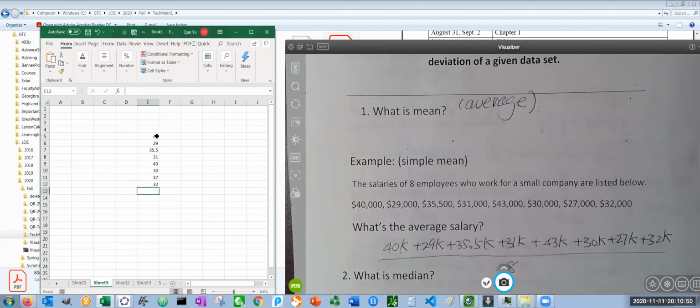Make sure it's 8 numbers. This is number 5, this is number 12. Yeah, there are 8 numbers.